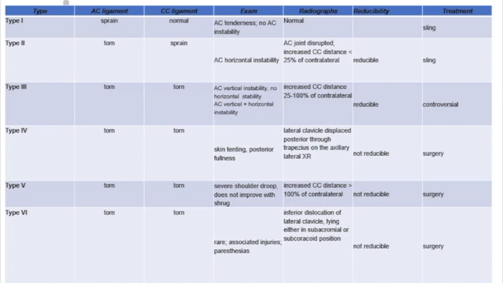If you see the last point here, the treatment part, I have given sling for type 1 and type 2, and for type 4, 5, 6 I have given surgery, but I have mentioned type 3 as controversial. I have also explained why it's mentioned as controversial, as we can go for both conservative or surgical management, depending on the severity of the injury in case of type 3 AC joint injury.